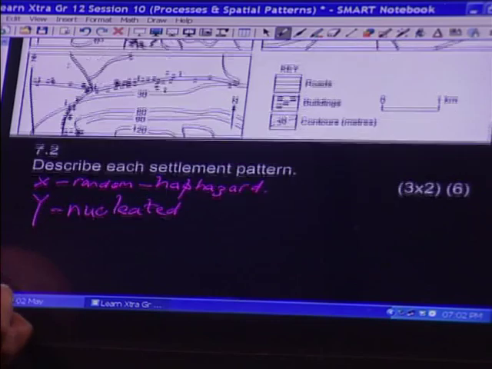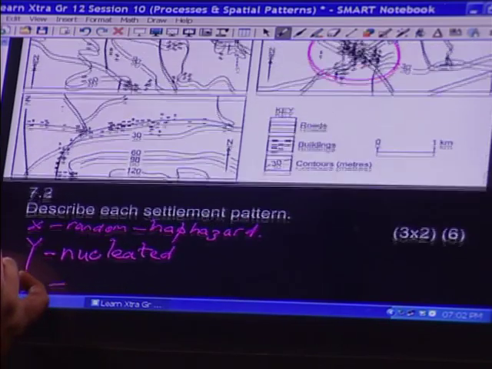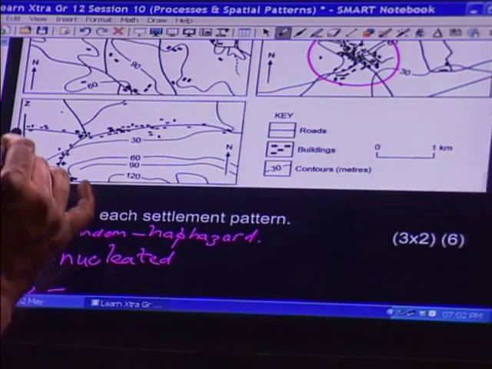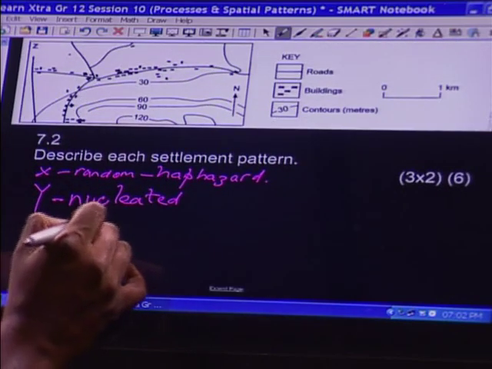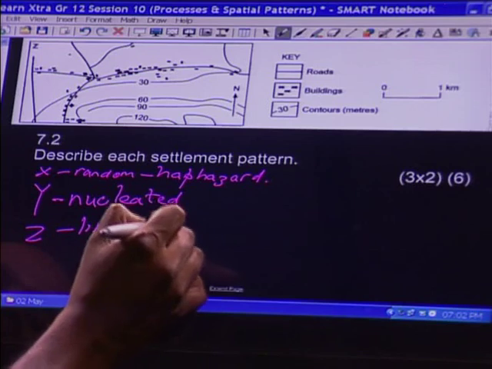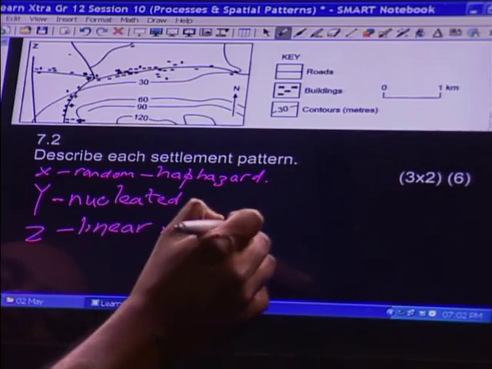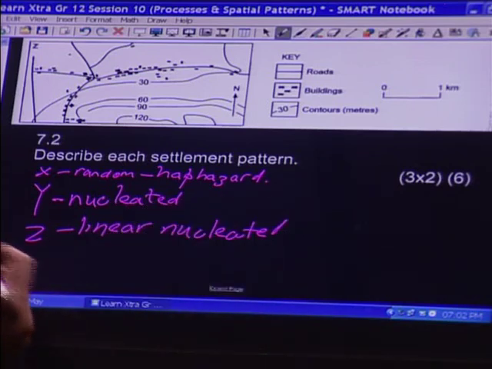Settlement Z. To describe this particular pattern, we would say linear nucleated. The relationship between the answers you've given in 7.1 and 7.2 are close. What you've got to do is make sure the terminologies you've associated in 7.1 are close to 7.2. Moving on to the next question.